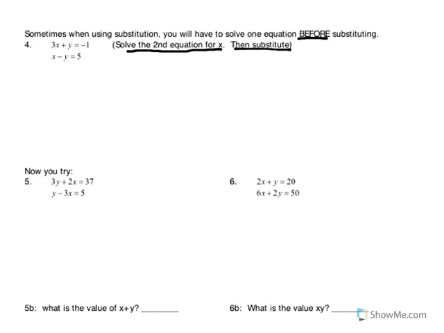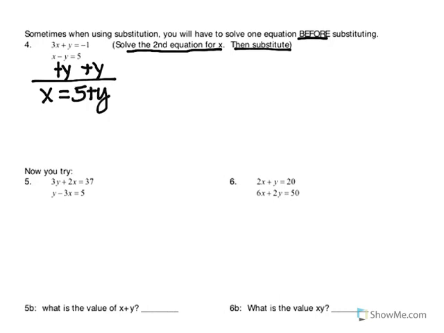So let's look at the second equation. It says x minus y equals 5. If I want to get x by itself and solve for x, I would need to add y to both sides. So I end up with x equals 5 plus y.